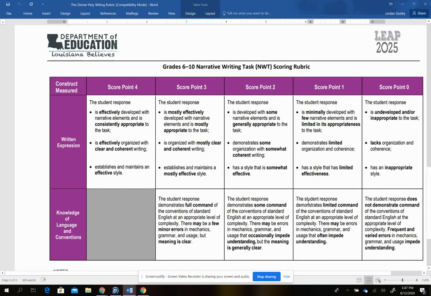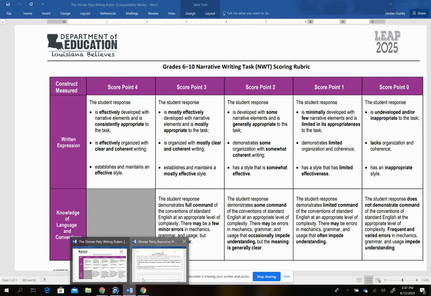So we're not going to be scoring your reading comprehension of the story per se when you're writing, but how you finish the story. So could you finish the story in an effective manner that is going to keep me, the reader, interested? So I hope this helps you better understand your writing prompt and how you're going to be graded.